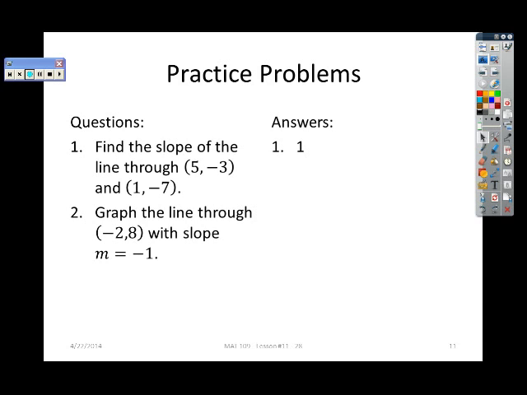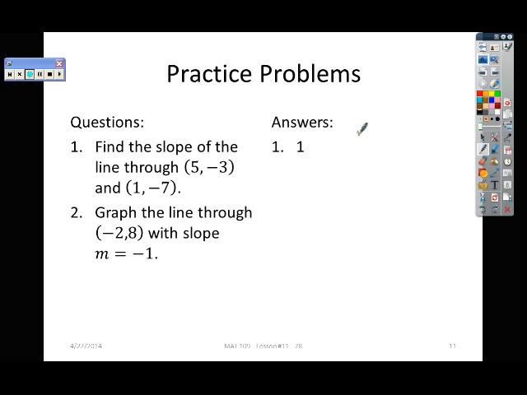There are different ways that you can do that. Probably the easiest way is plot the point and then use the slope to get another point. If it goes through this point, then that point's going to be on my line, isn't it?